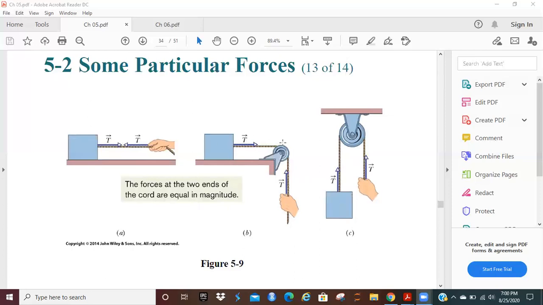And over here, this tension is going to be the hand that is trying to make the block move. If we apply the pulley in this particular case, we can see the tension going up here, and we can also see the tension pulling on this, and that's being pulled by the block itself.